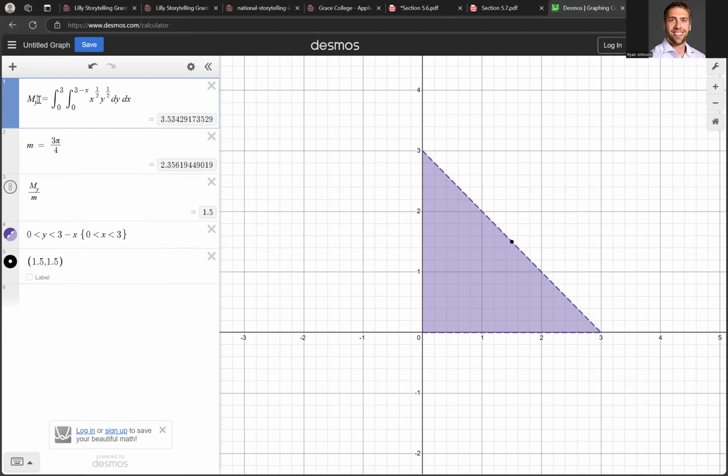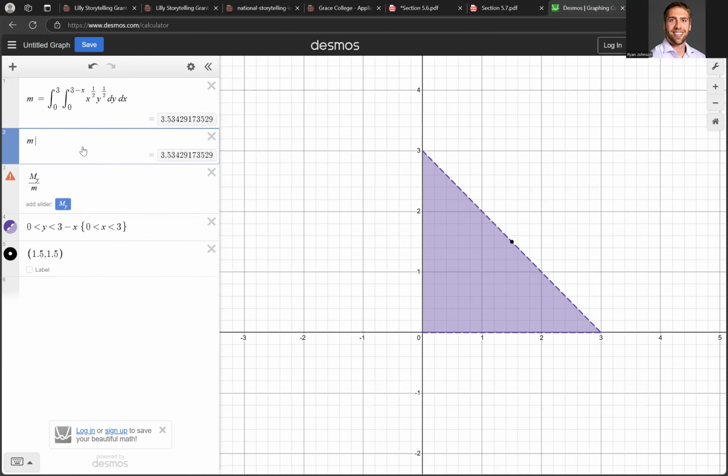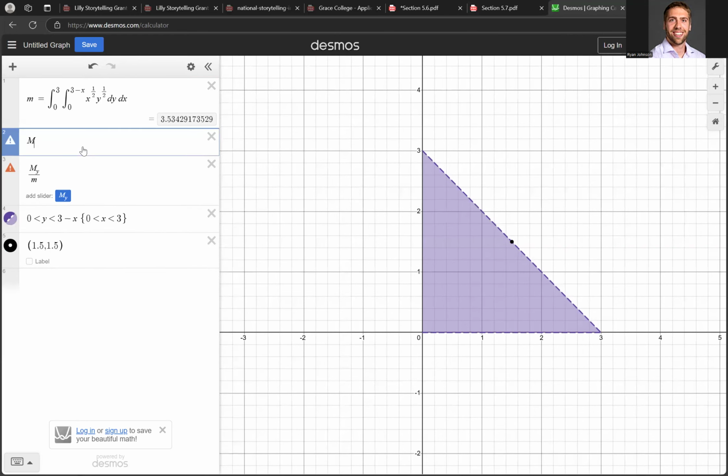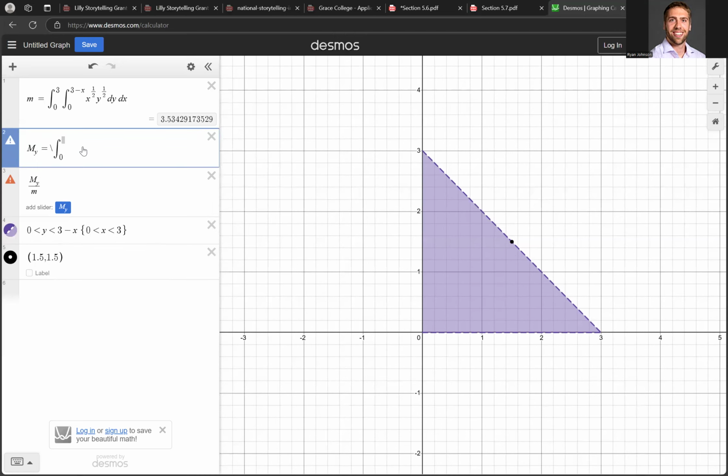That's what little m is supposed to be. Yep. Okay. x to the 3/2, y to the 1/2, dy dx.